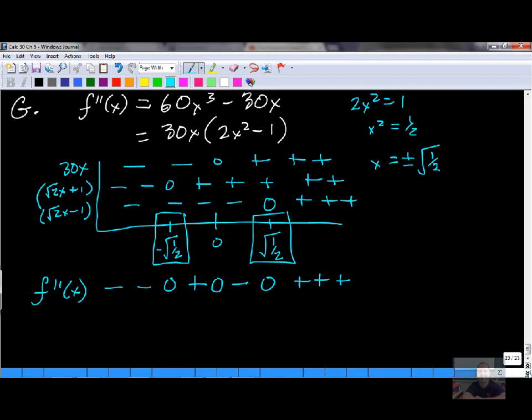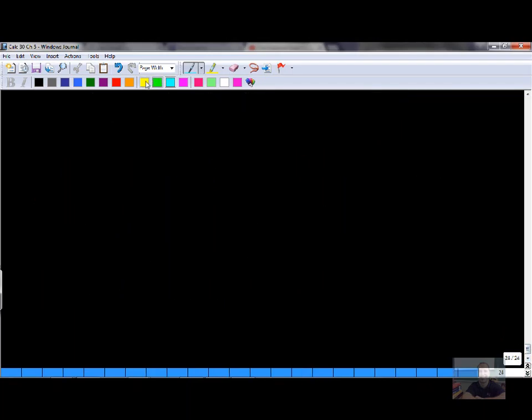Now, just to expedite the rest of this, you put all this together, and it's going to look like this. You're going to have your intercept here, a local max here and a local min here. The points of inflection are going to be about here and here. More intercepts over here and over here.